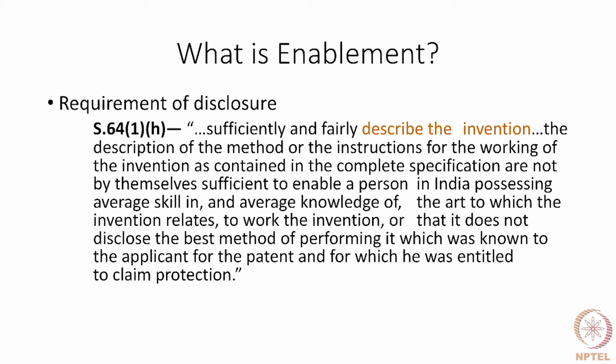So average skill and knowledge, we understand this as a person skilled in the art. So it should enable a person skilled in the art in India, which means it should teach a person skilled in the art in India the art to which the invention relates to.